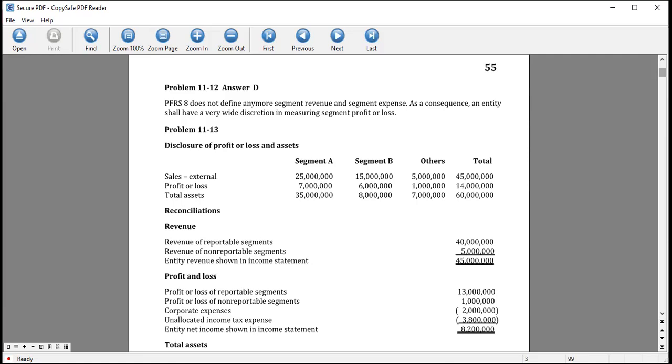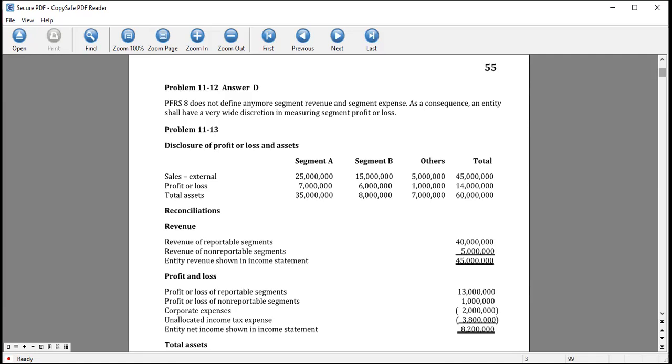And we have the total assets of 65 million include general corporate assets of 5 million. Total segment expenses of 33 million include general corporate expenses of 2 million. Okay.